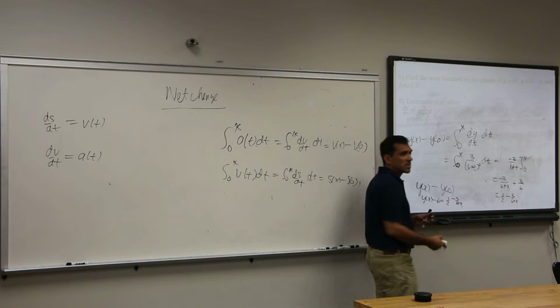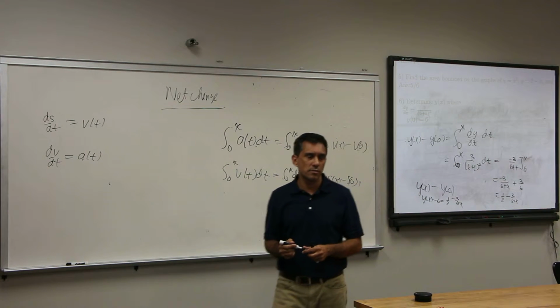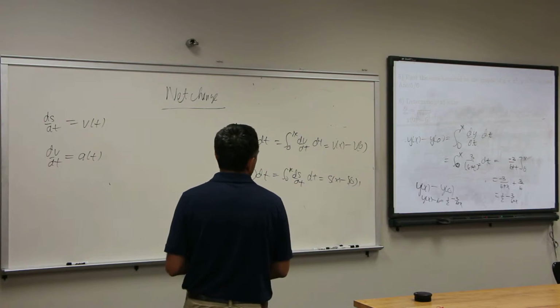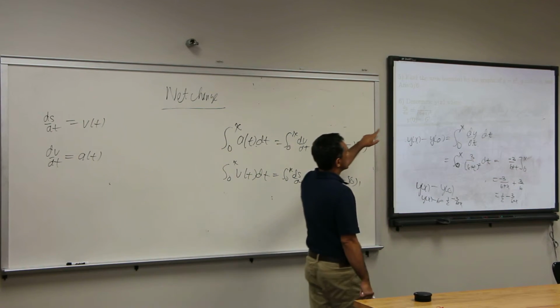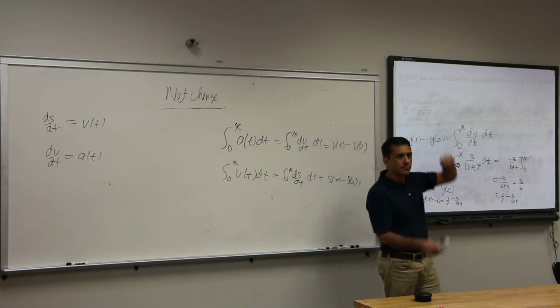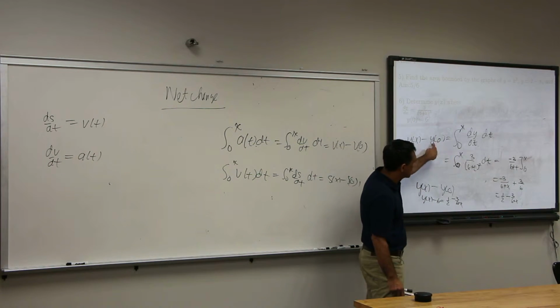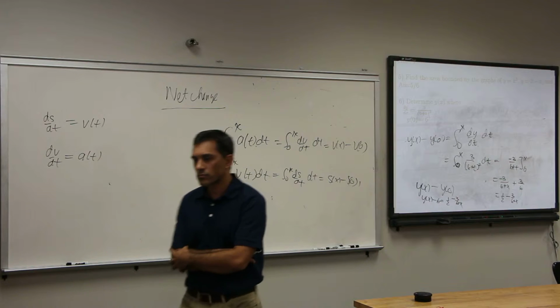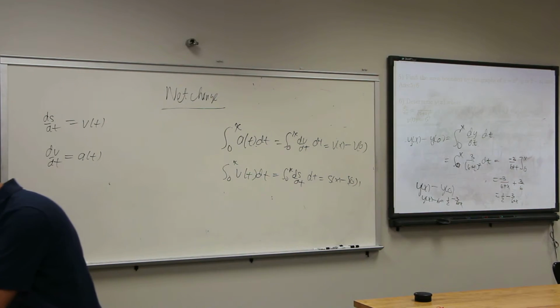I'll take the 6 to the other side. I will get my position. So all I have to do is integrate this function from 0 to x, and we'll get this. So here's another one.